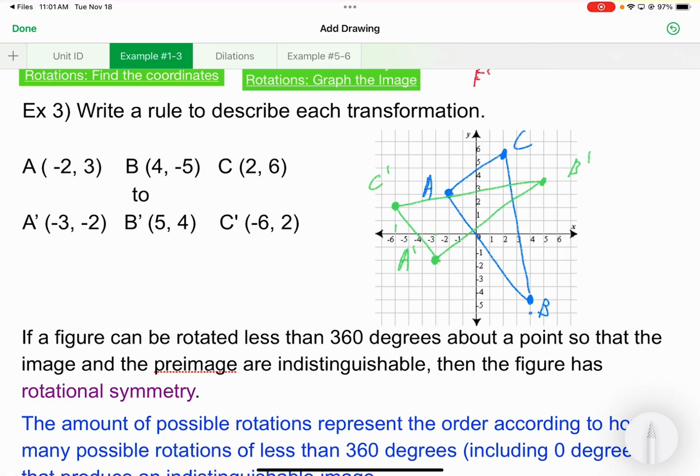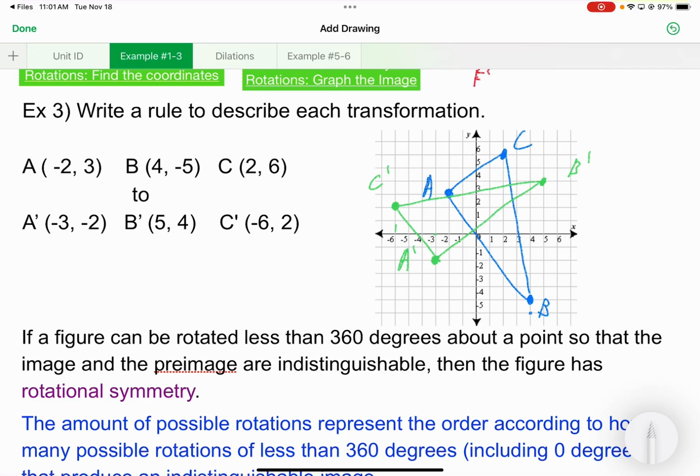So in order to get from the blue triangle to the green triangle, if I spin it to the left, I don't have to spin it very far. Do you guys agree? I could just spin it like that, and then I would end up there. So that would be how much of a spin if I spin it to the left? 90, what direction? Counterclockwise.